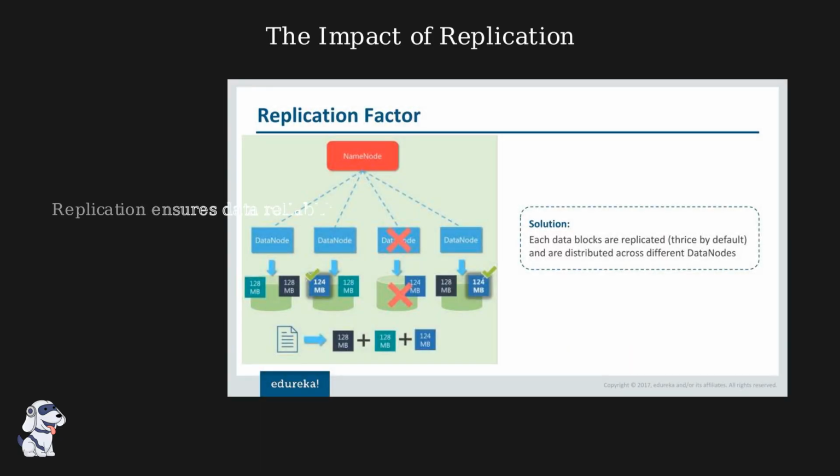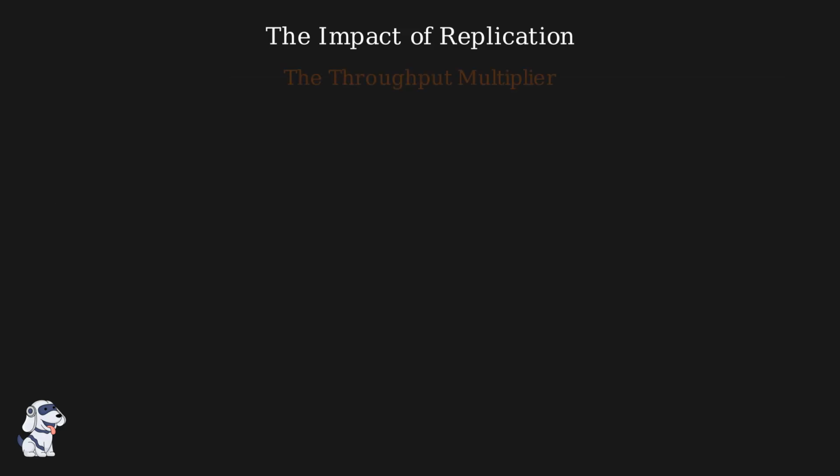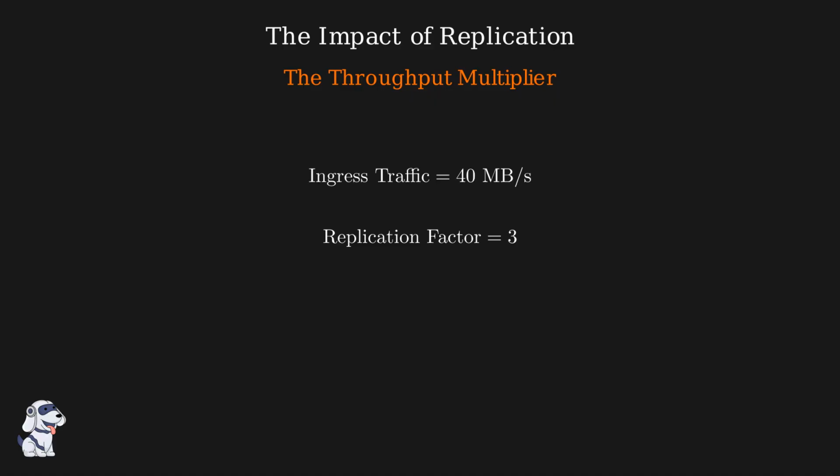Replication is a core component of distributed systems. It ensures data reliability. By default, Kafka replicates each block 3 times across different nodes in the cluster. This has a direct impact on performance. If your application sends 40 megabytes per second of data, a replication factor of 3 means the cluster must handle 120 megabytes per second of internal traffic.